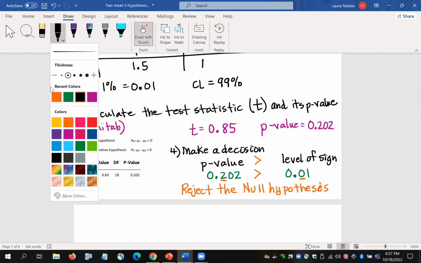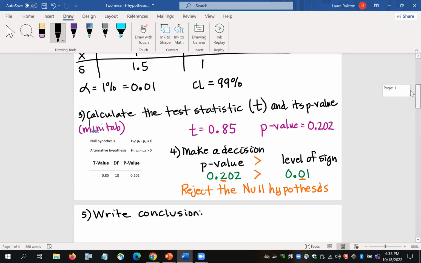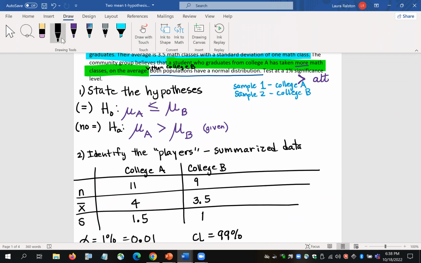The last step in the hypothesis test is to write our conclusion. So let's think through what this means so we know what to write. Based on the evidence that we were given, we have determined that we are going to reject the null. If I reject the null, that means the null is false or invalid.